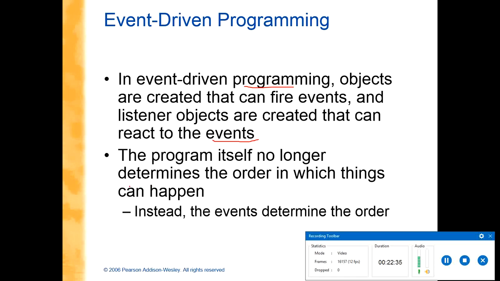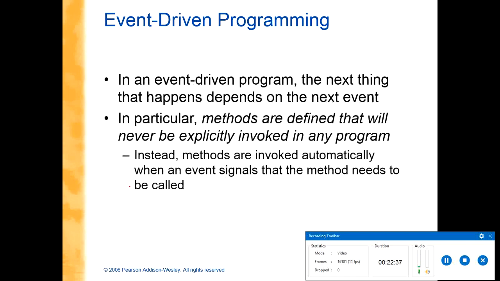Instead, the events will determine. The next thing that happens depends upon what event is generated next. Some methods are defined that may never be invoked in a program, or there will be methods that will always be invoked.